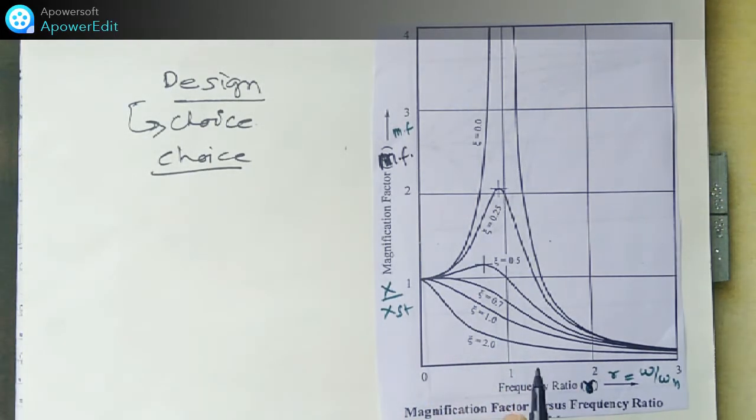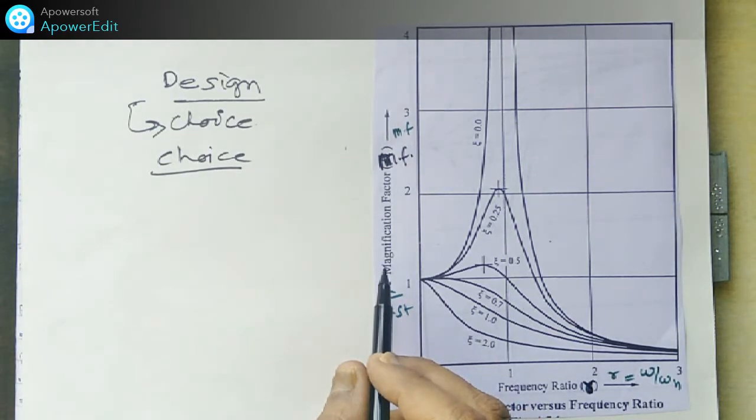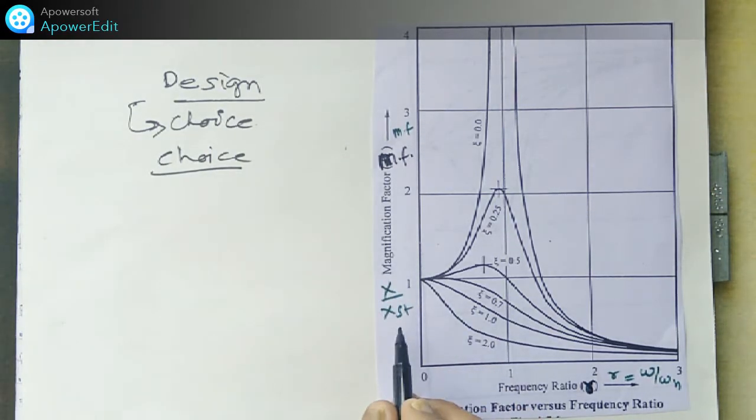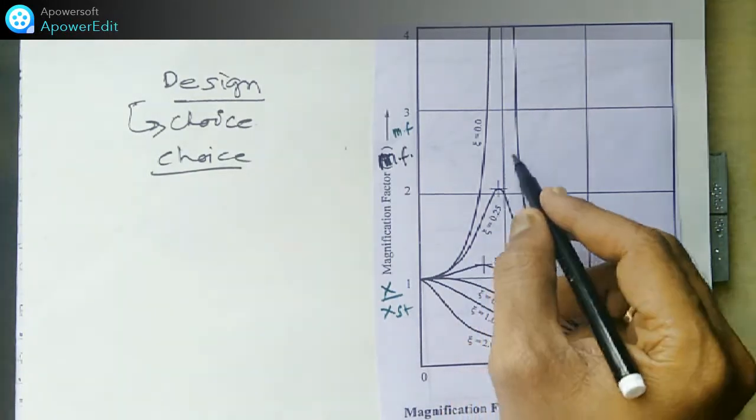If we increase the damping, the response of the system decreases. The amplitude x, the steady state amplitude, and x by x st decrease if the value of zeta is increased.